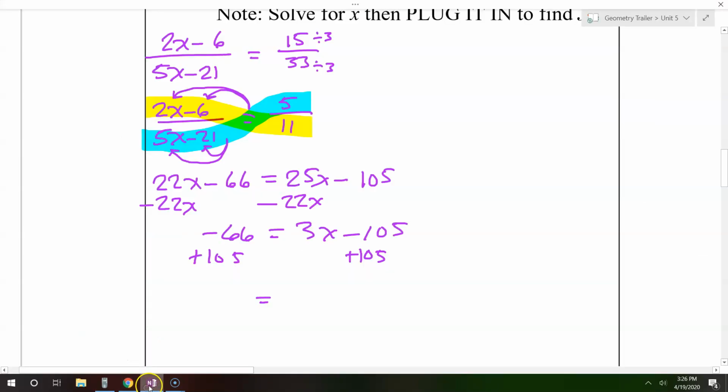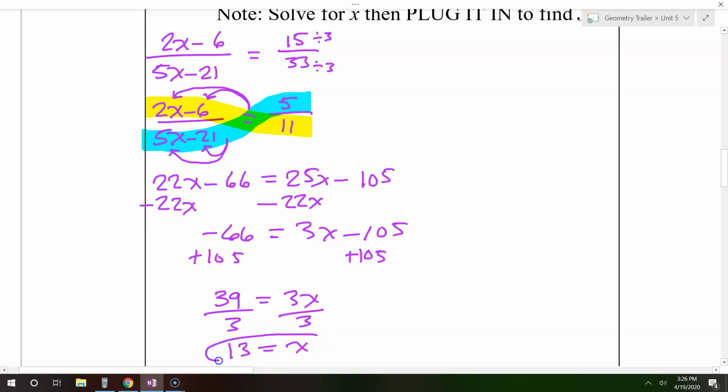So that's 39. So we have 39 is equal to 3x. And then, of course, we will divide both sides by 3. And then we're going to get x equals 13.